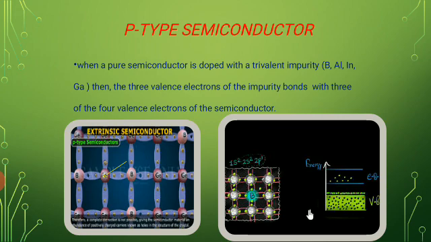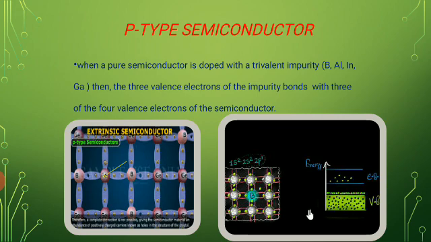These 3 electrons are bonded with 4 electrons of the outermost incomplete shell of the germanium. But we know that the shell needs 8 electrons, but here we have only 7 electrons. So it still needs one more electron for the completion of the bonding. So it is called an acceptor. In that place, holes are present.